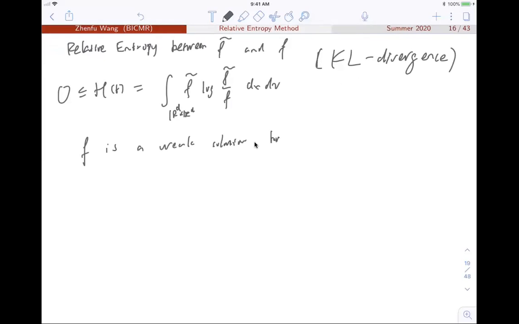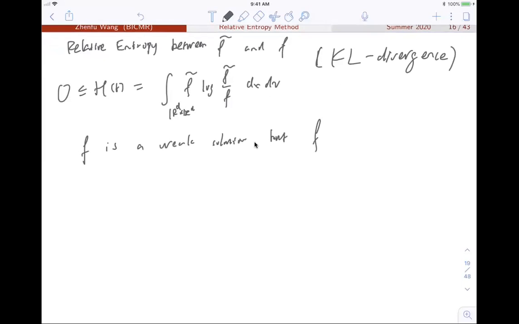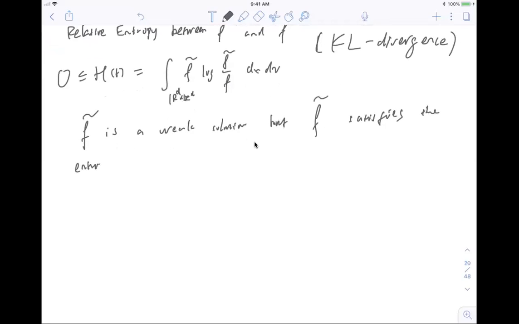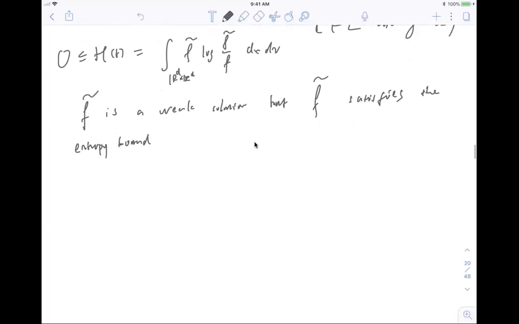So f tilde is a weak solution, and f tilde satisfies the entropy bound. So f tilde is kind of an entropy solution, which dissipates entropy.